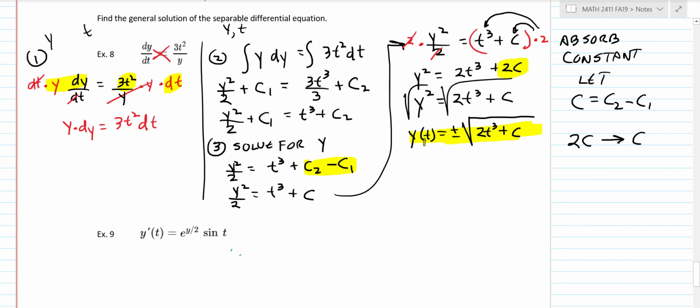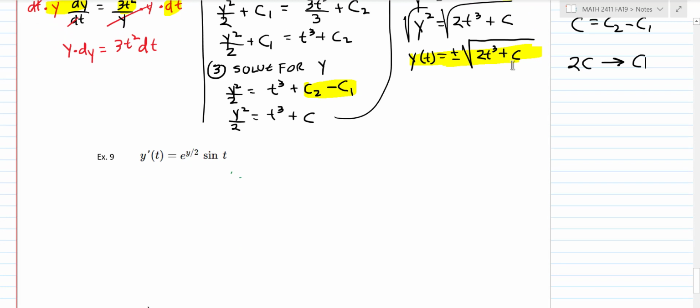And yes, the c does have to be under that radical, but the whole thing could be absorbed. What I did is c2 minus c1. If you have two constants with arithmetic, just put it into one constant. Same thing with 2c. Then that would be your general solution of that equation.